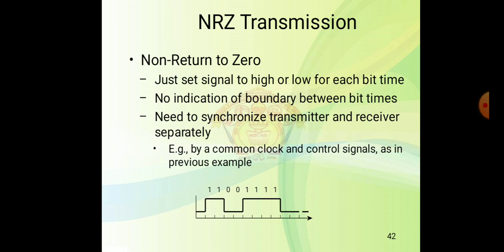If the time period is not mentioned, then what will happen: one can read this as 1, this as 0, this as 1 1, and then 0 0.